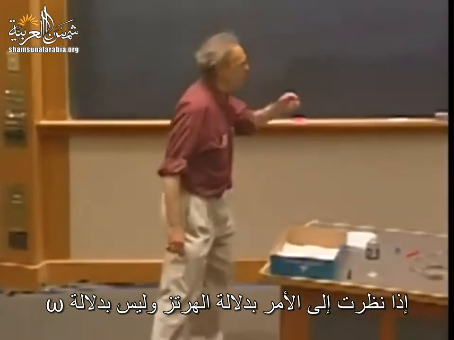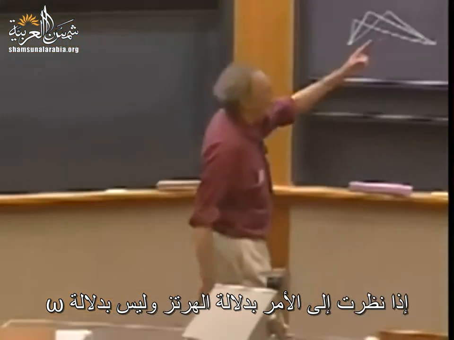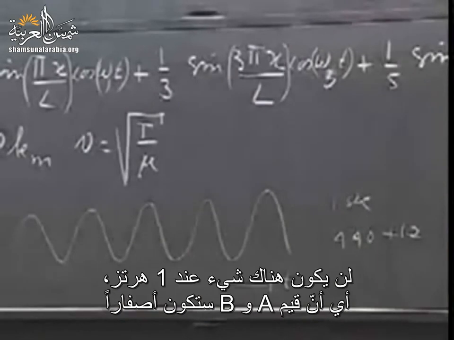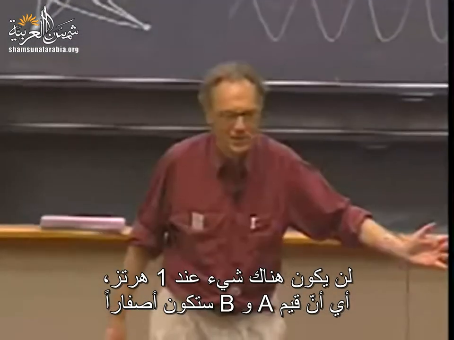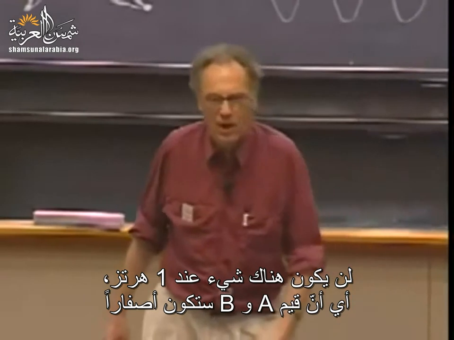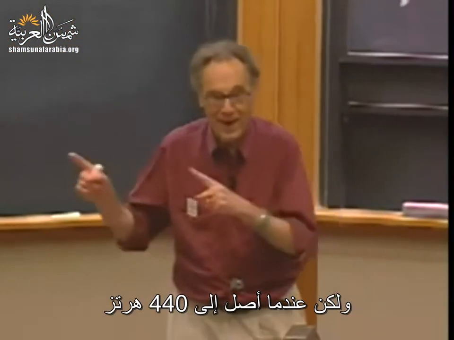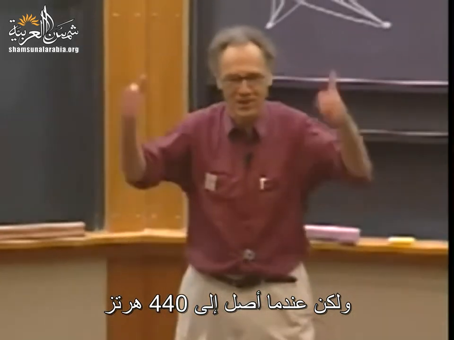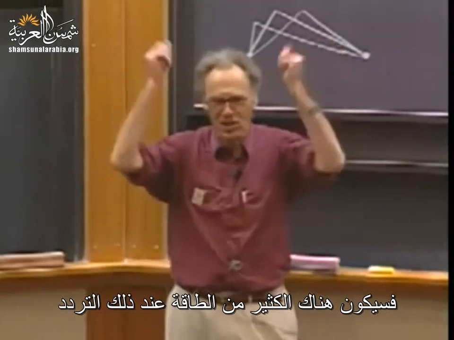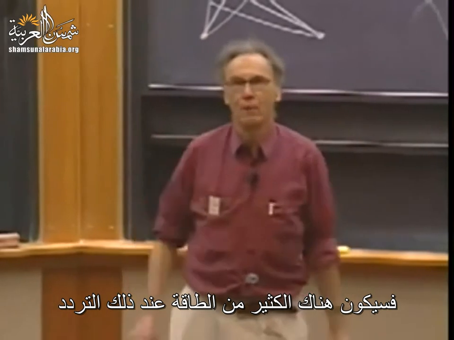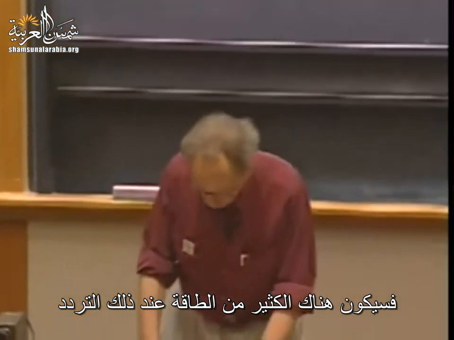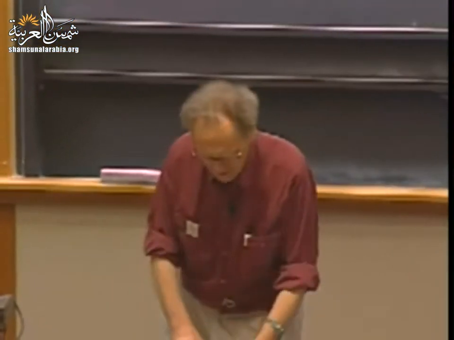If I now think in terms of hertz rather than in terms of omega, there is nothing at 1 hertz, so those A's and B's are 0, there is nothing at 2 hertz, so those A's and B's are 0. But by the time I reach 440 hertz, the system says, yippee, there's a lot of power there at 440 hertz.